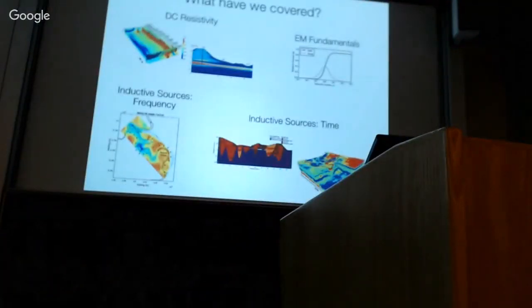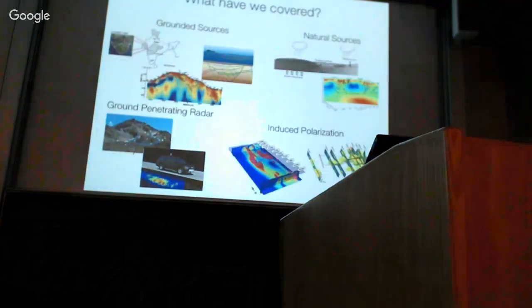Okay, so what did we cover? Well, DC resistivity. We looked at some fundamentals, frequency, time. We did some inductive source in the frequency domain. Did some inductive source in the time domain. We did some grounded sources for India.